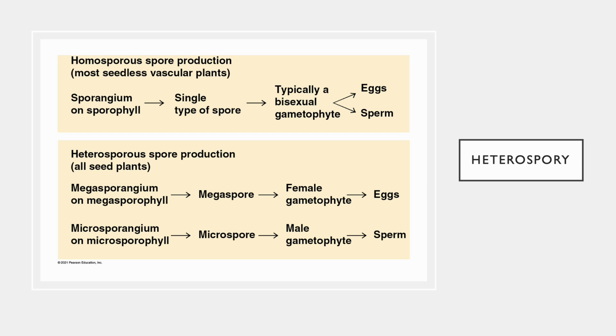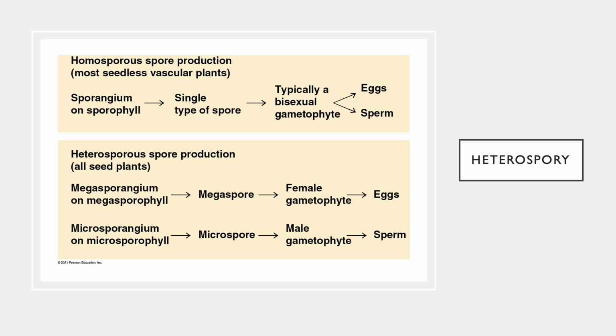However, moss, surprisingly, and all seeded plants are heterosporous. So in that way, moss are a little more advanced than their counterpart of ferns. So heterosporous plants are going to have two different types of gametophytes, two different varieties entirely. When we're talking about seeded plants, this is where we have the mega-micro discussion.